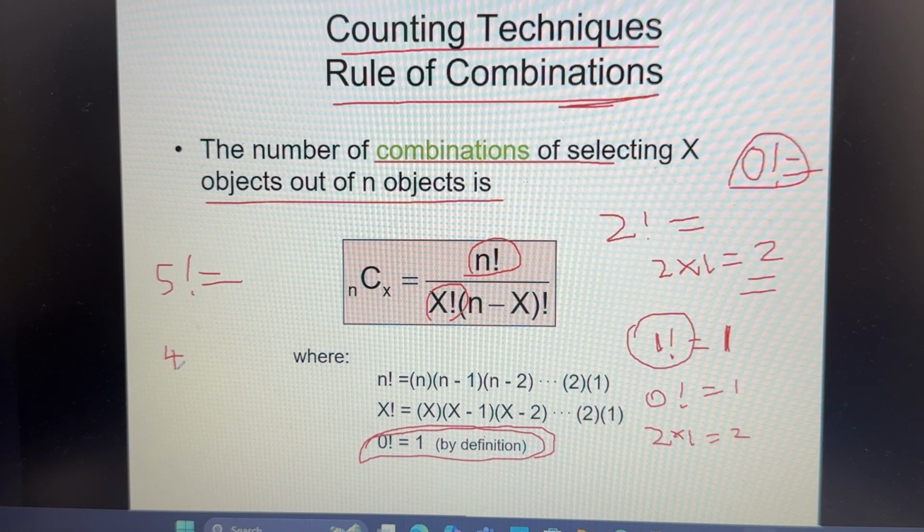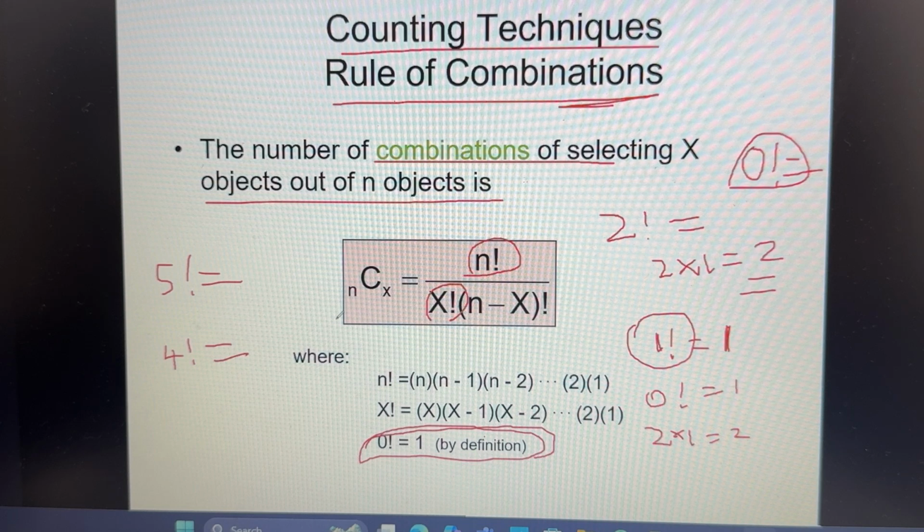4 factorial. You have to tell me what is the value? 4 factorial.